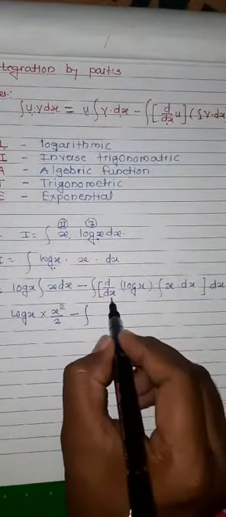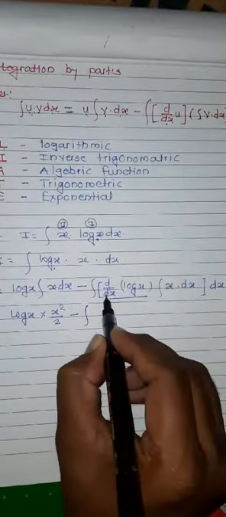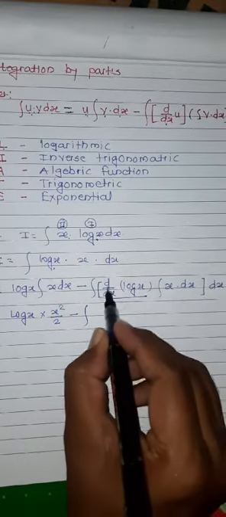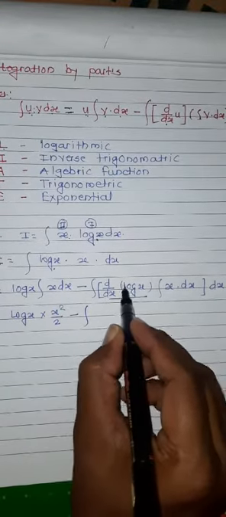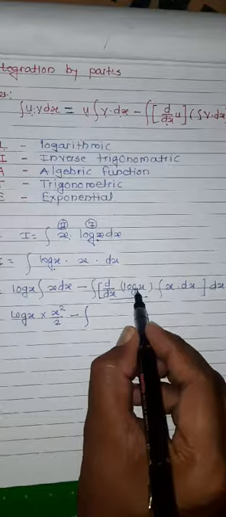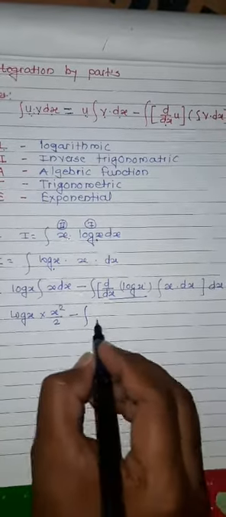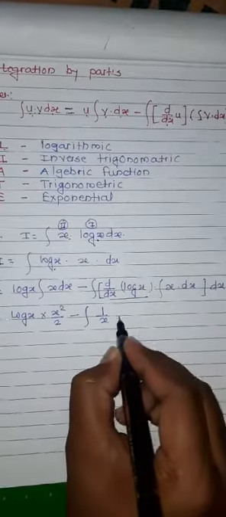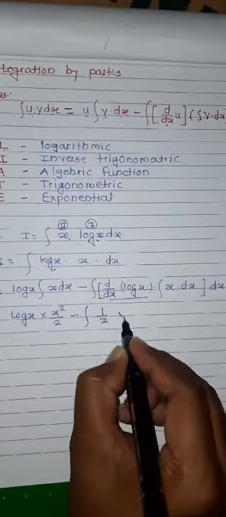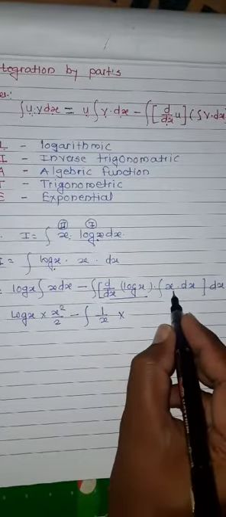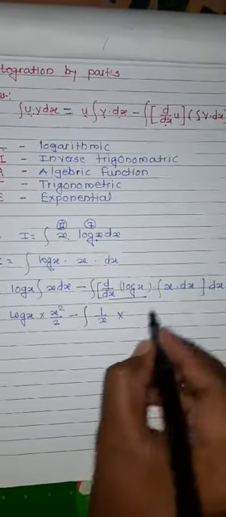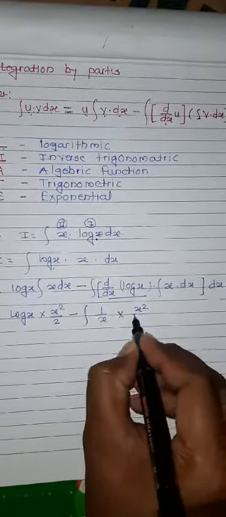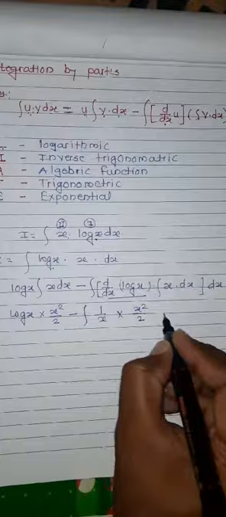First, we have to solve this. What is the meaning of this bracket? This bracket stands for the derivative of log of x, and what is the derivative of log of x? It is 1 upon x. This is the multiplication sign, and the integration of x again is x square divided by 2 into dx.